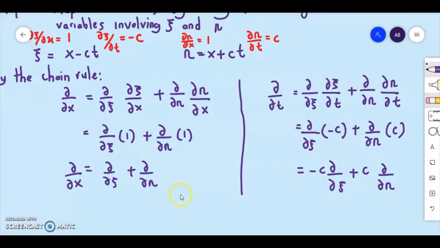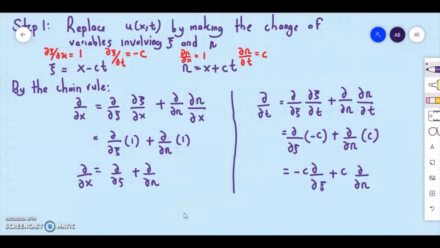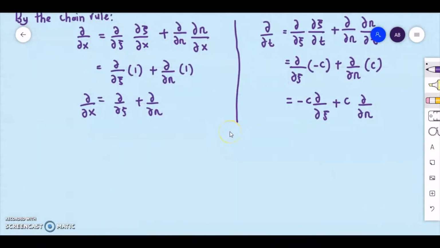So what does this have to do with our u(x,t), where we said replace u(x,t) by making the change of variable? Let's look at our wave equation given here. Our wave equation is given by the second derivative with respect to time equals c squared times the second derivative with respect to x.